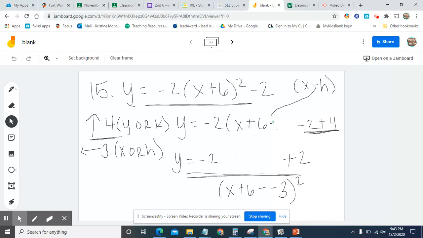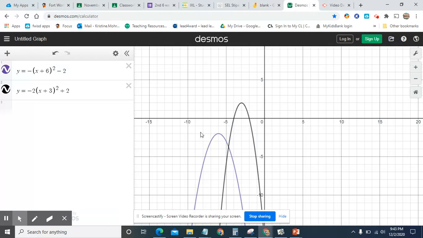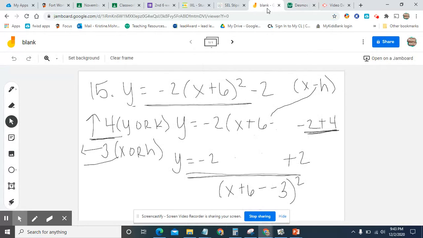And then it says shift left 3 spaces. So if we look on our x-axis, moving left makes that a negative. So when we fill it in, we're going to say negative 3 spaces, which I told you earlier, if it's two negatives by each other, they actually will join and become a positive, or a plus sign.